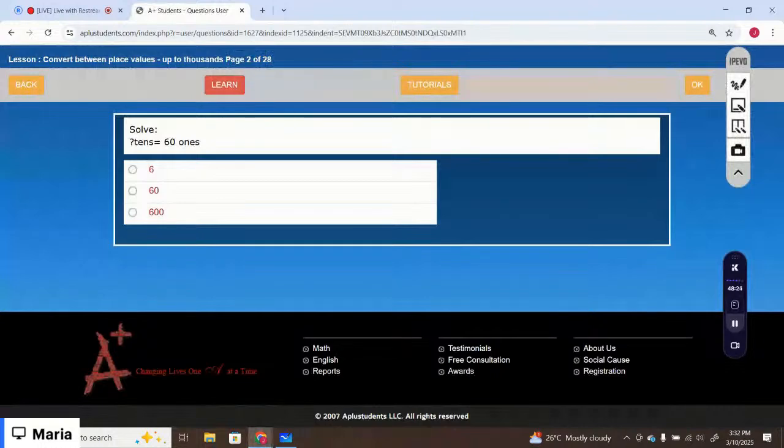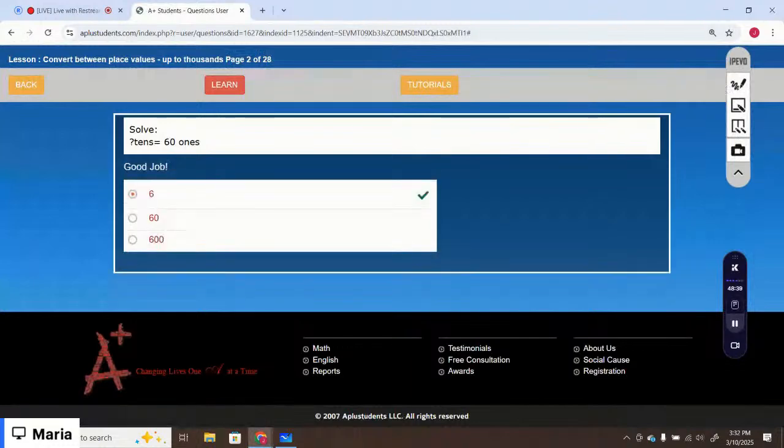Sixty-one is equal to how many tens? Sixty-one is equal to 6 tens. Option number 1 is the correct option.